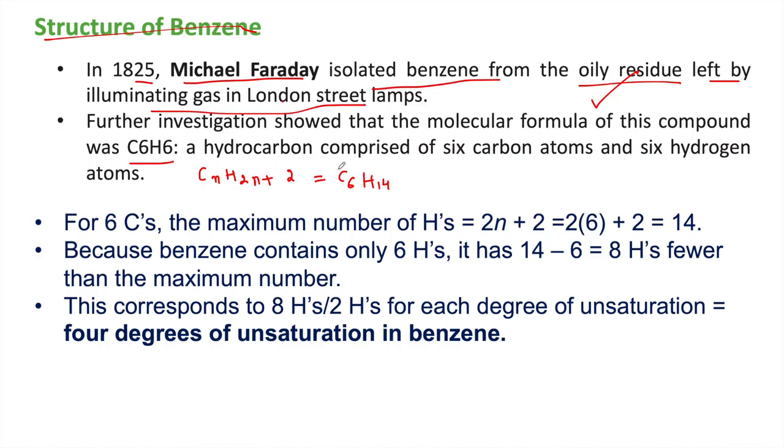So benzene contains 8 hydrogens less, and this could be 4 degrees of unsaturation, and this unsaturation could be in a normal alkene chain, or it could be a triple bond, or it could be in some cyclic system. So by now they didn't know what the structure of benzene was.